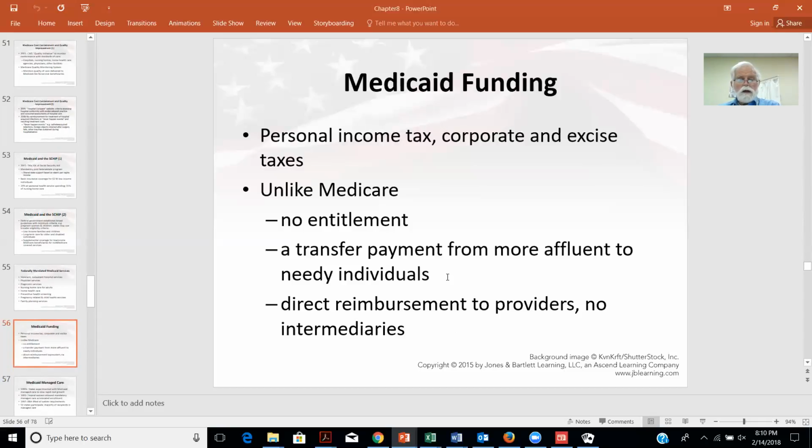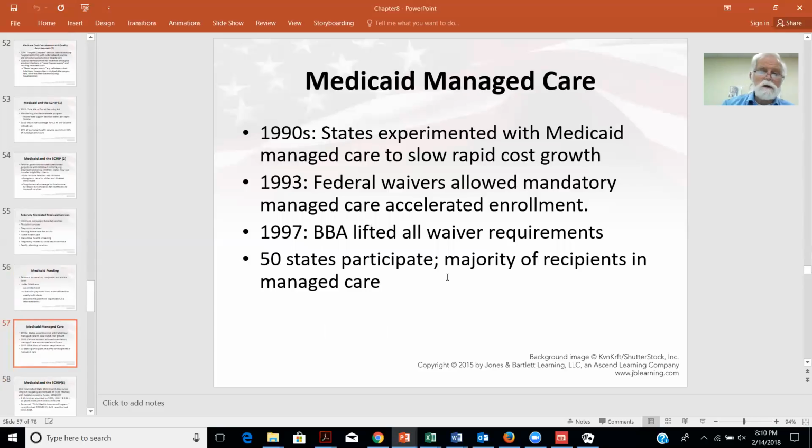Unlike Medicare, it's not an entitlement. You have to qualify in. If you do, you can then be treated. The reimbursement is direct to the physicians, to the providers, instead of through intermediaries like insurance companies.